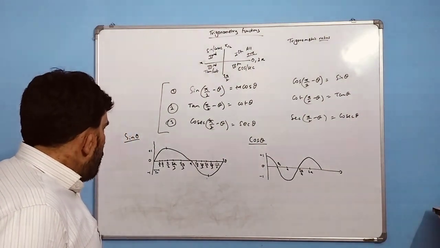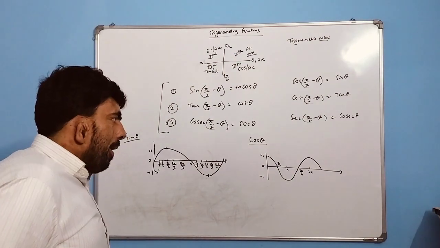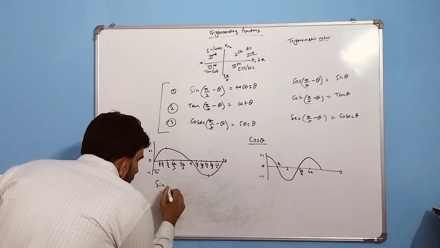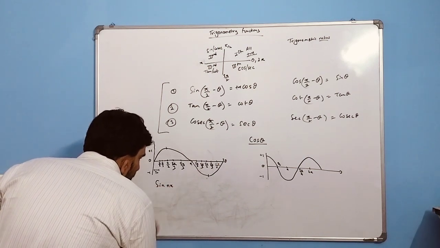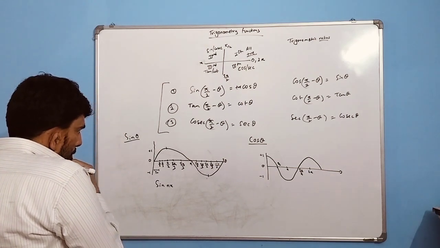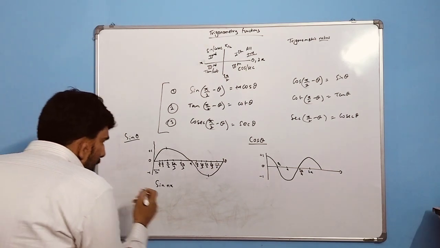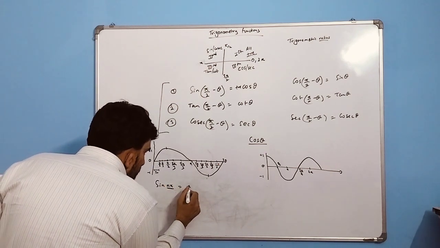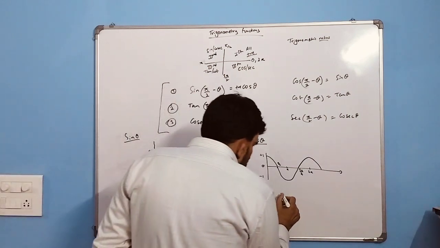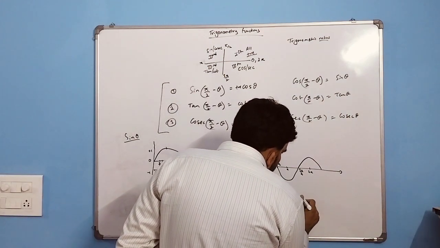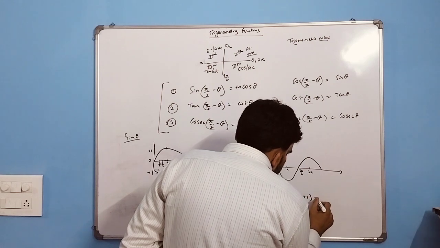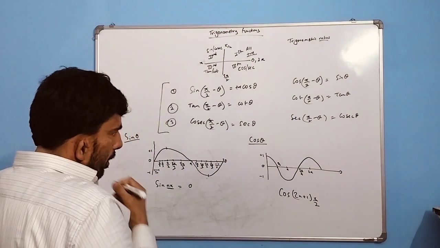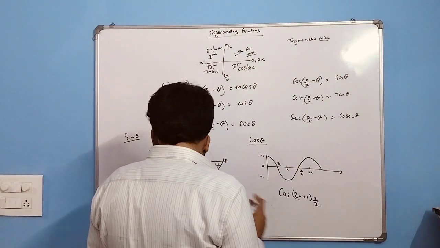Okay, so now we find that, if I am not wrong, the sine value is 0 at n pi, that is, at multiples of pi. And for cos it will be like this: the value is 0 at (2n plus 1) pi by 2, and for sine it is n pi.